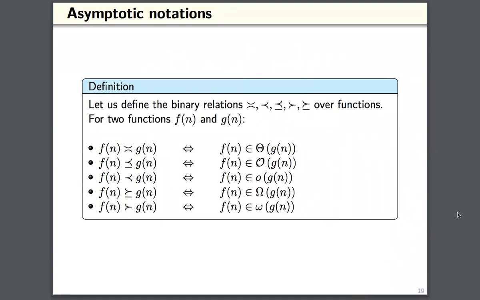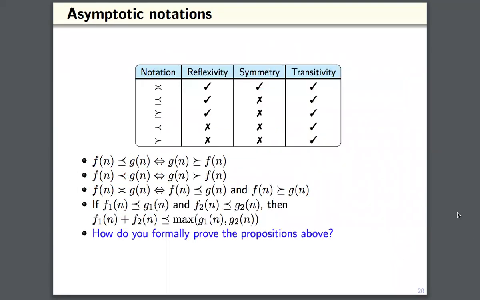Okay, next. You know these properties, right? Reflexivity, symmetry, transitivity. These are the properties you study in relations, and these are relations. Now let's see which of these properties are satisfied by which notation. For equal to, reflexivity: what is the meaning of reflexivity?